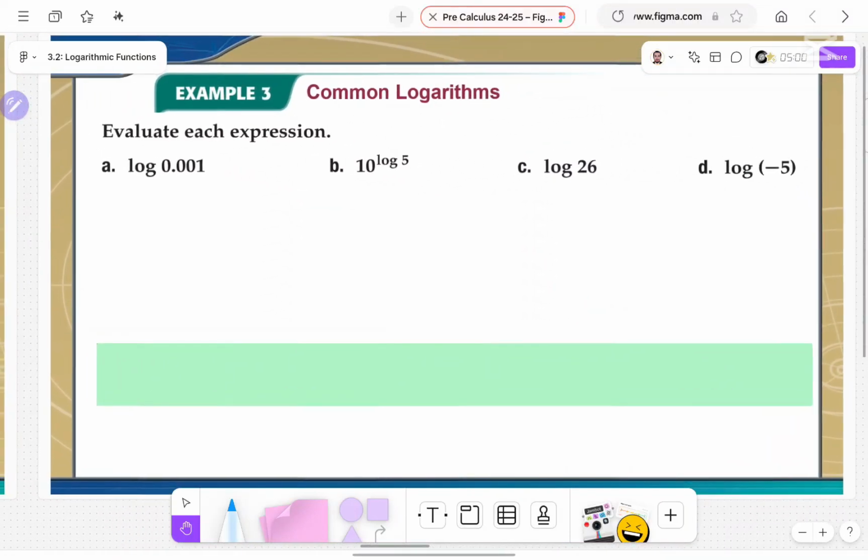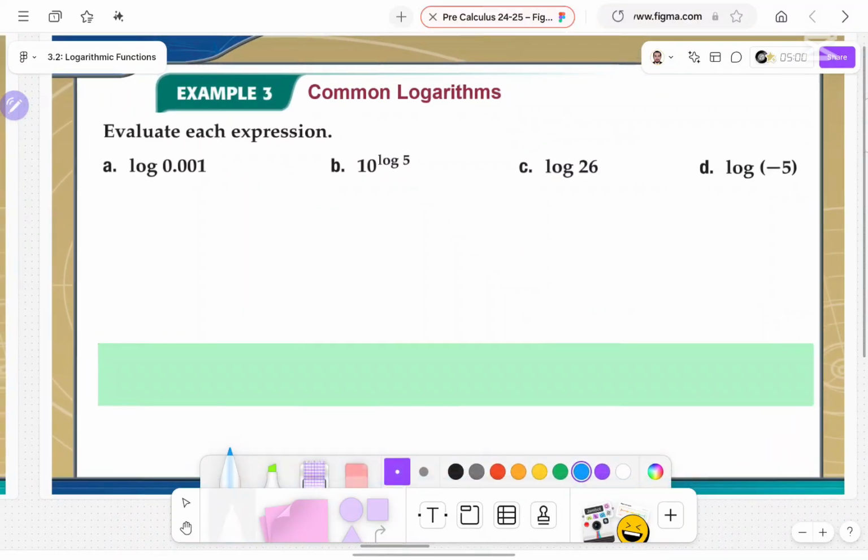Now let's solve this equation. As you can see here, the first question: evaluate the expression. Log, we don't have a base, so of course the base is equal to what? 10. Now when I have the base 10, I need to change this number to be similar to this base. How can I change this one? 0.0001, if I move the decimal, I have an option to move the decimal 1, 2, 3, and 4.